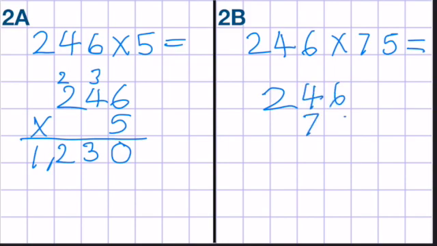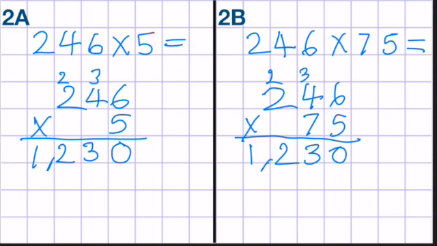times 75. We've just done 246 times 5 for 2A. So I'm going to copy that over. Now, before we multiply by 70, let's cross out our 5, our 3 and our 2.